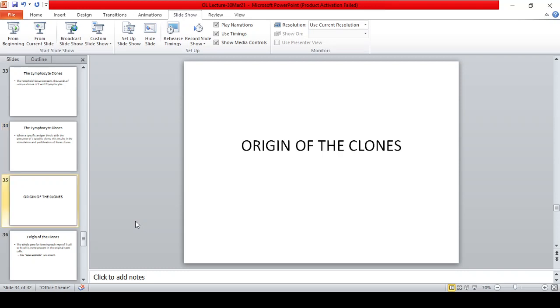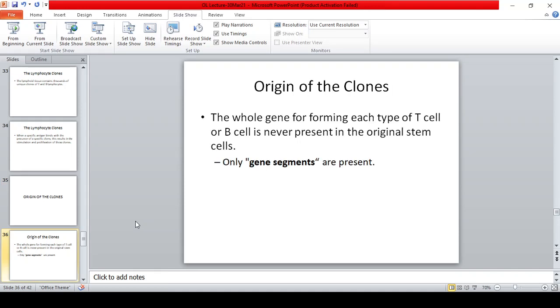Now the origin of the clones. So how do they take origin? How can this baffling number of lymphocytes be formed? So the thing is that the whole gene for forming each type of T or B cell is never present in the original stem cells, because that would have meant an enormous amount of DNA has to be present in the nucleus.